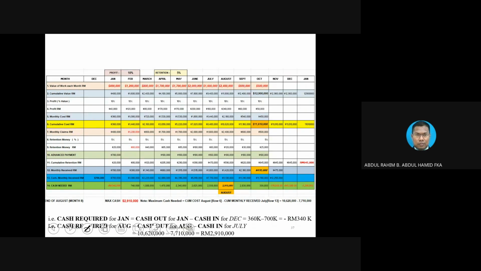Okay, focus on January. This is when our project starts. We are going to focus on two rows only. Row number 6 minus row number 13. Cash required.